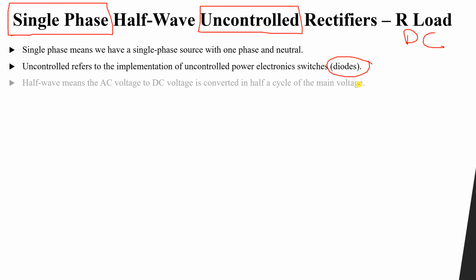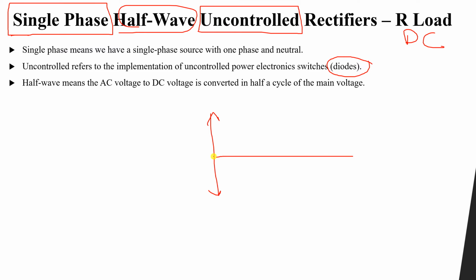Number three, what does half wave mean? Half wave means that the AC voltage is converted to DC voltage in only half a cycle of the main voltage. If you look at something like this, you have the AC supply, and if you use a half wave uncontrolled circuit, you will have something like this. During the positive half, we will be able to pass the positive half, and we will block the negative part.